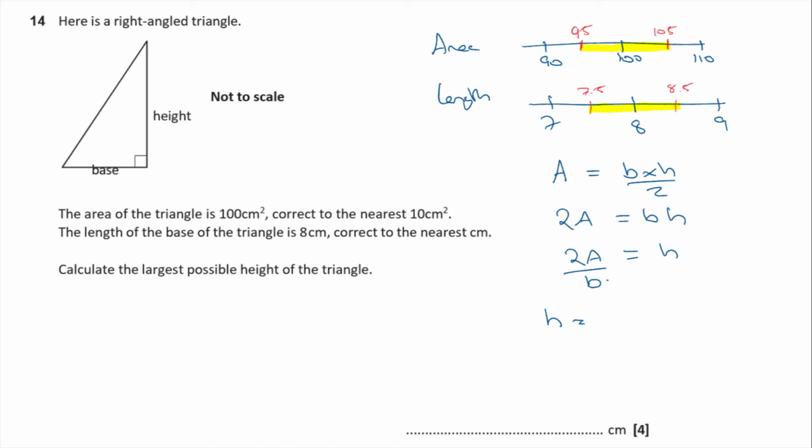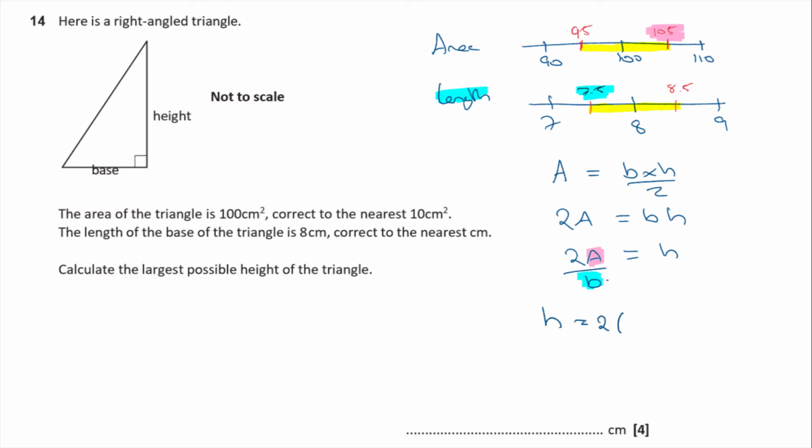So I'm going to pick the largest area, because that's on the top, it's the numerator, and I'm going to pick the smallest base, or length. I wrote length, but I've written base down there. Okay, so it's that one there, isn't it? That's the one I mean for that one. So I'm going to pick 7.5 for the base, and I'm going to pick 105 for the area.